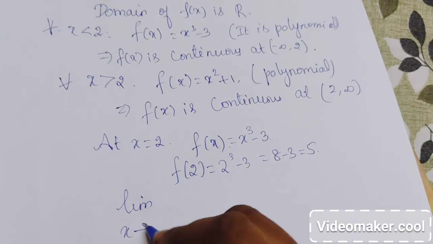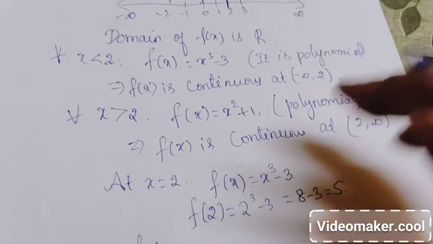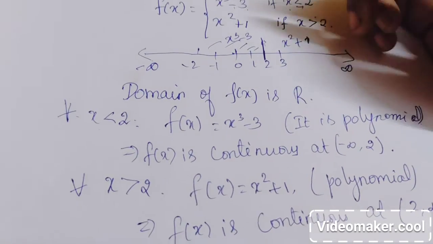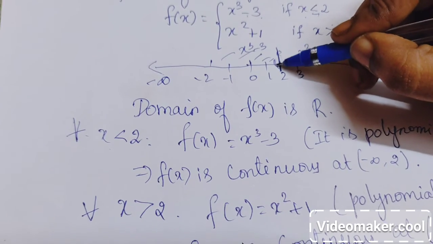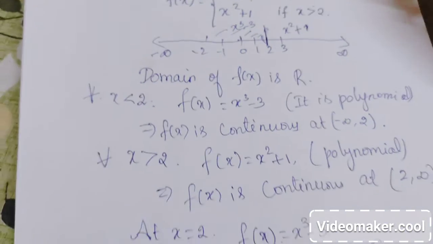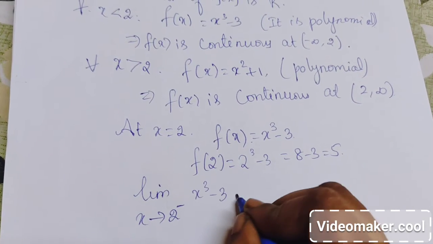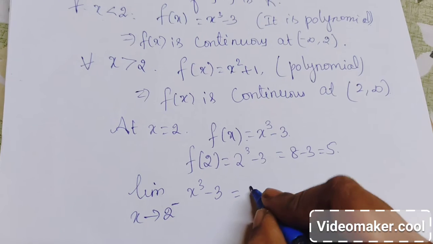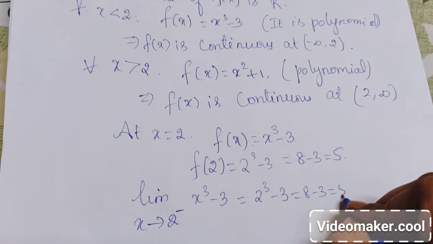So limit x tends to 2 from the left hand neighborhood, the function is x cube minus 3, which is 2 cube minus 3. We will get 8 minus 3, which is nothing but 5.